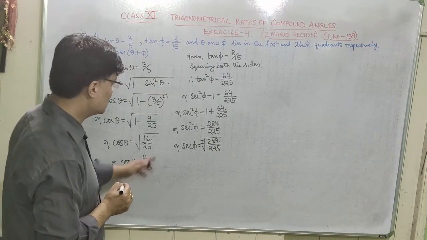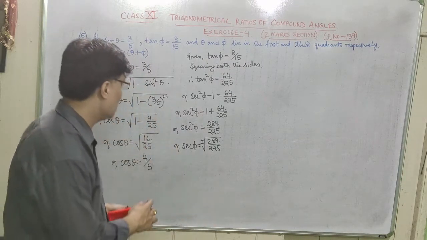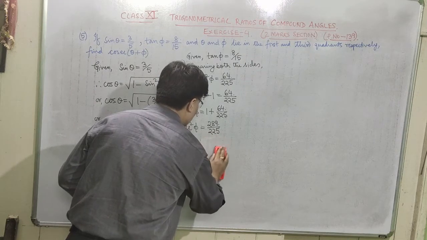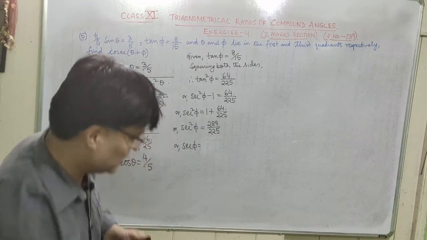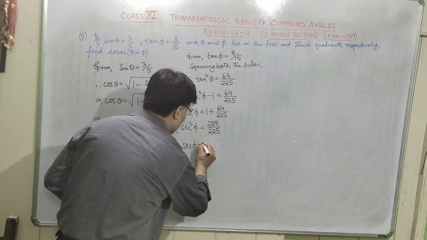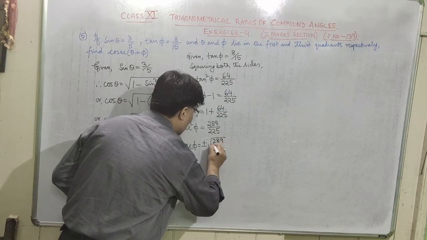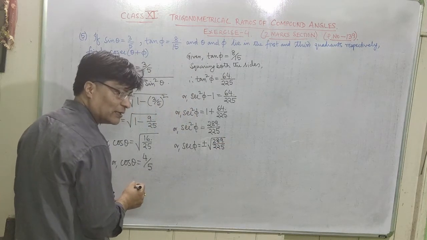Sec phi is equal to plus minus root over 289 divided by 225, and you have to check the correct sign for sec phi. Is that clear?